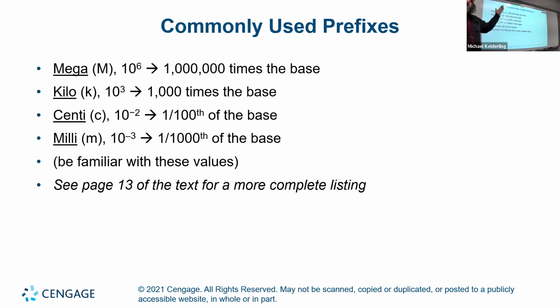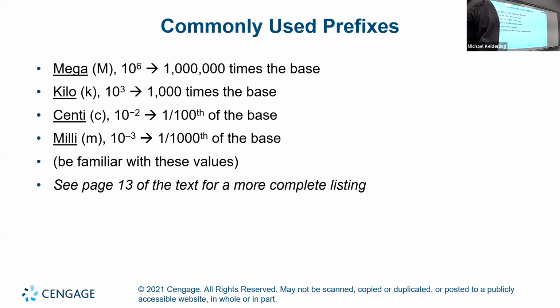And then as you go bigger, there's mega, which is 1,000,000, giga, which is 1,000,000,000, which is a capital G, and tera, which is a trillion.